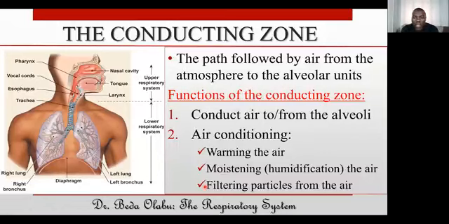We had mentioned hair within the nasal cavity that helps to trap particles. We also mentioned the mucus lining of the respiratory tree. Then couple that with the ciliary activity of the conducting zone, which helps to filter and also reject particles. Great. So when you talk of air conditioning, think of warming of air, moistening of air, and filtering of air.